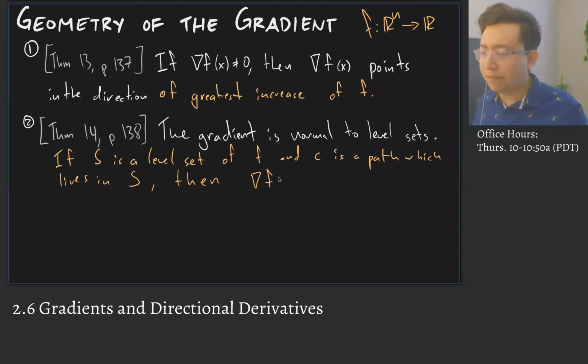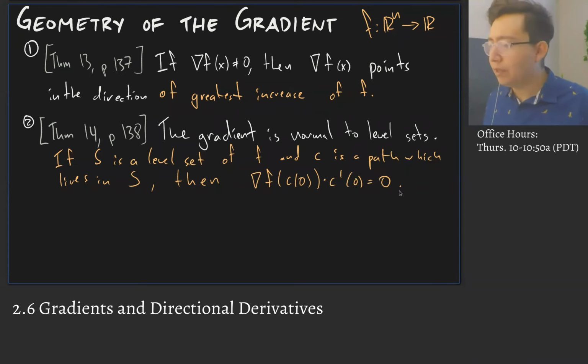The gradient of f at c of a certain point, specifically we can say c of 0, dot product with c prime at 0 is equal to 0. Okay. And if you have a path, you can always reparameterize it so that 0 is a certain point in that path.